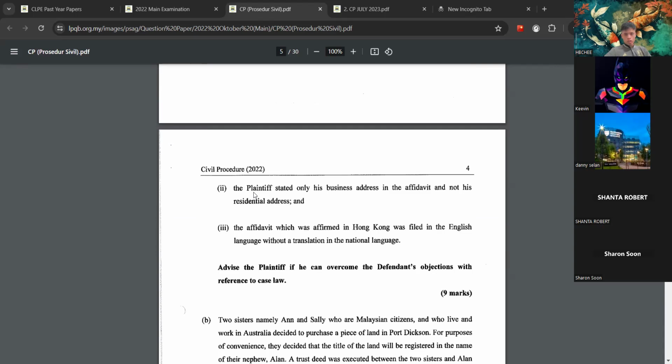Second part of the question: the plaintiff only stated his business address, not his residential address. How are we going to object? Whether the plaintiff can overcome the objection?